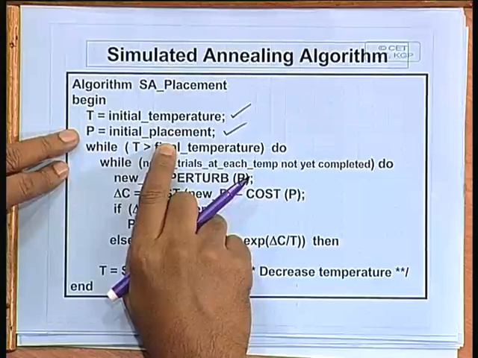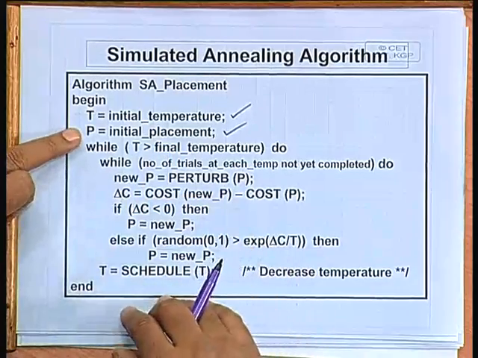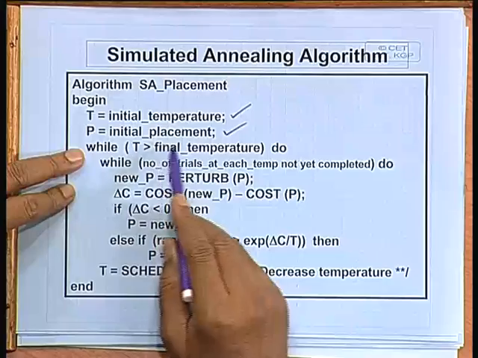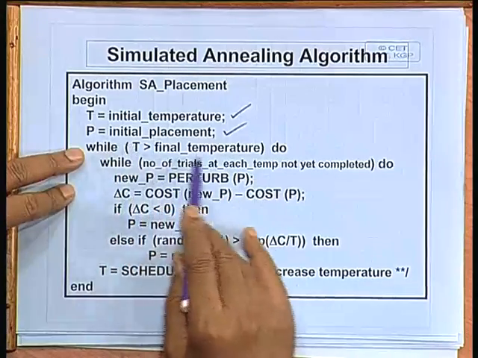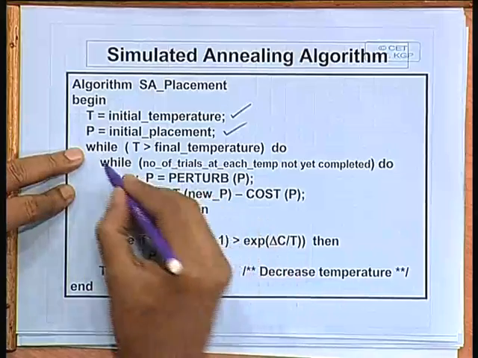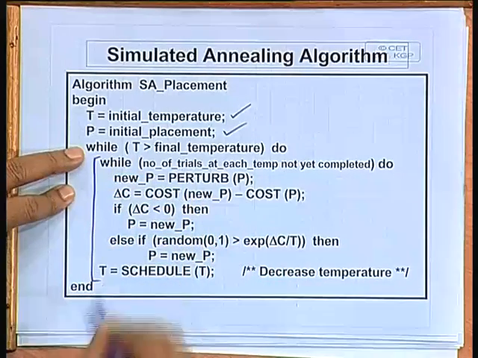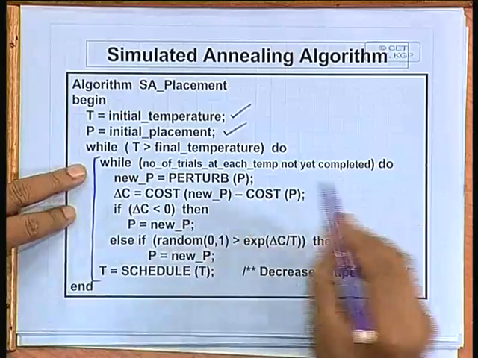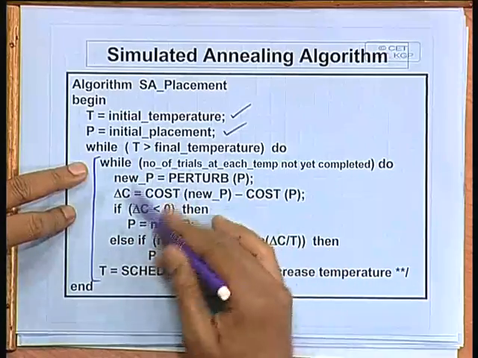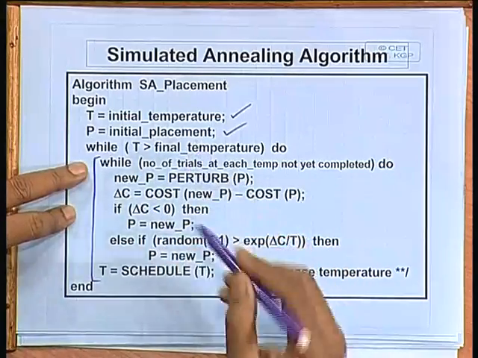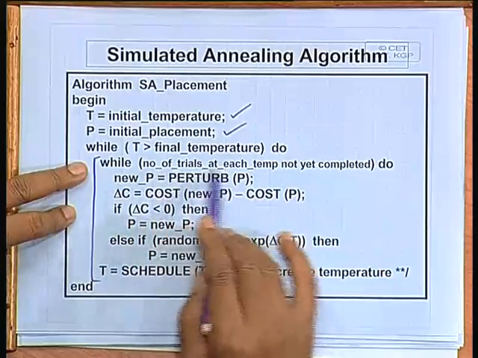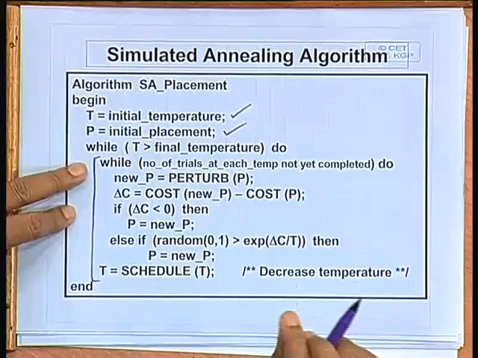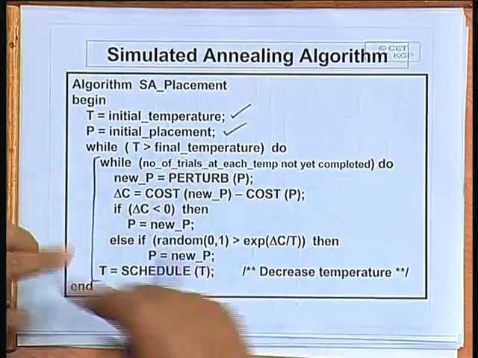This can be done randomly or using some heuristic, you can choose this. There is another temperature called the final temperature. So, until you reach the final temperature, you repeat the inner loop. Now, in the inner loop, you iterate while the number of trials at each temperature is not yet completed. This is defined as a fixed number, that at each temperature you iterate the inner loop a certain n number of times.